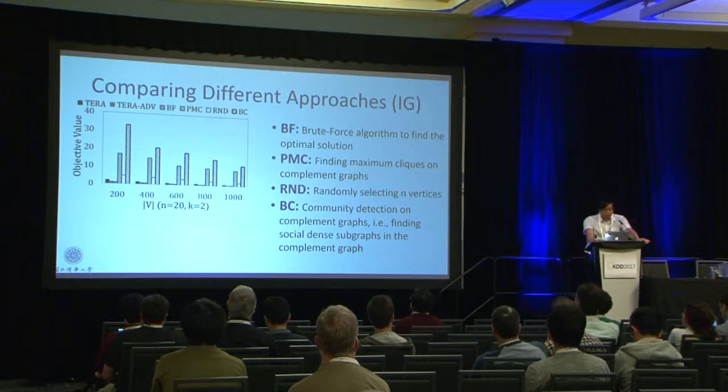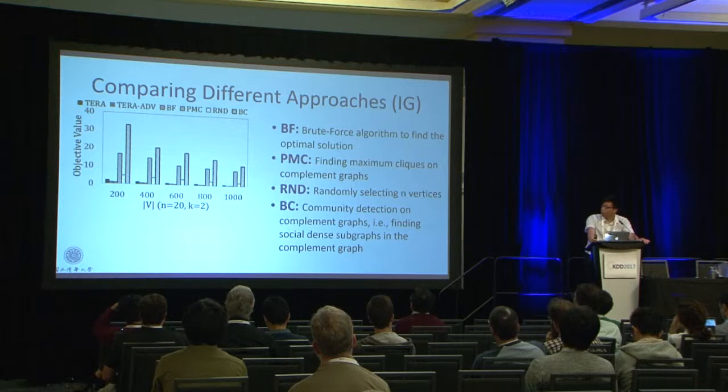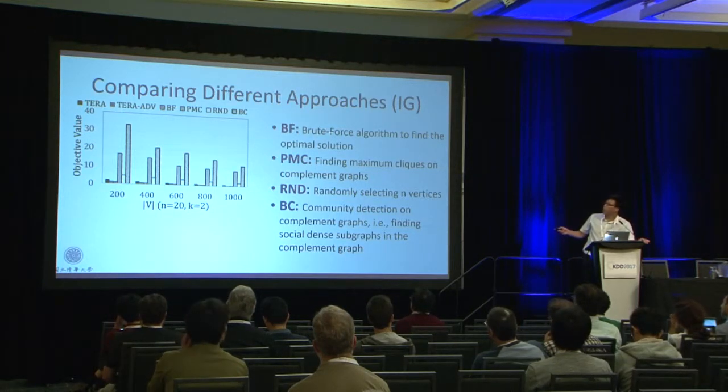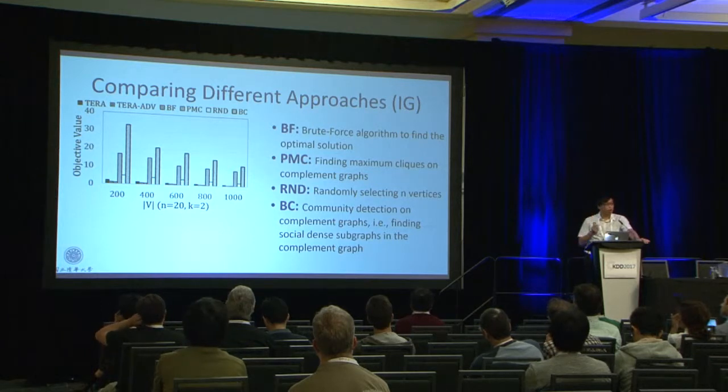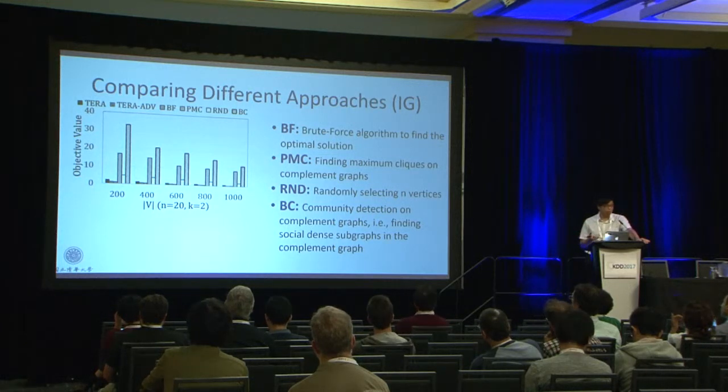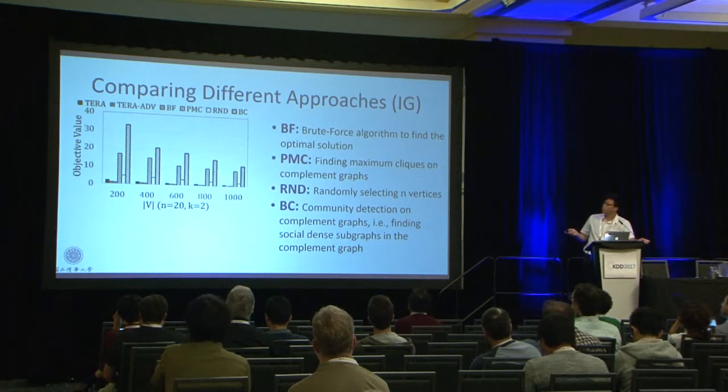We also compare our approaches with other related ones. BF is a brute force algorithm that tries to enumerate all combinations to find the optimal solution. Since it's brute force, it does not scale up, so we have no choice but to sample a small subset of IG.